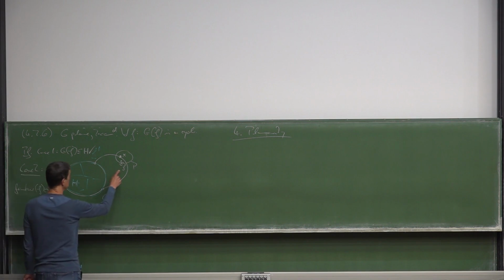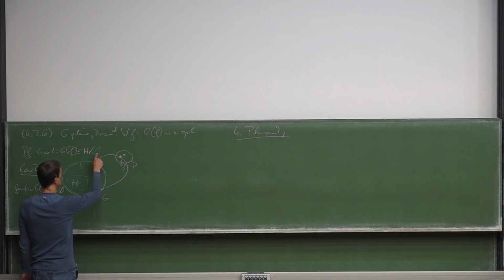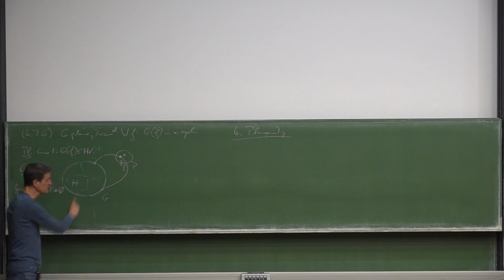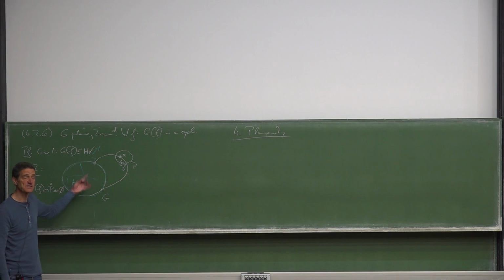Now, f lies as a subset in some face of H, because it's a face of G. H is a subgraph of G, right? And a face of the bigger graph is contained in a face of the smaller graph.